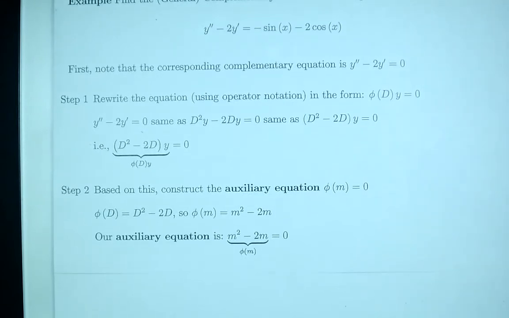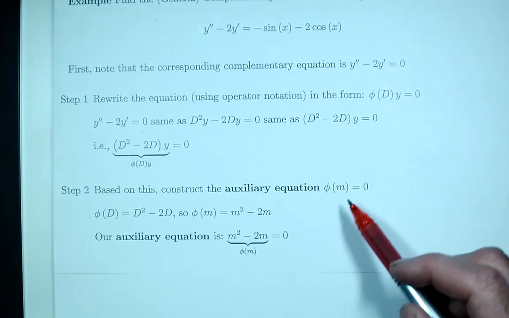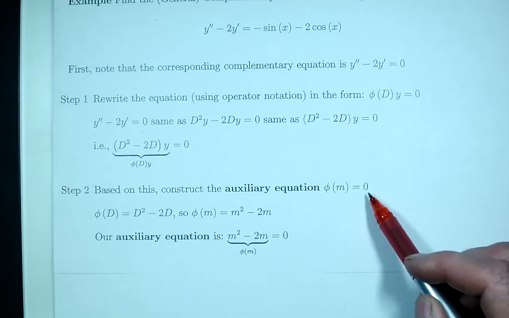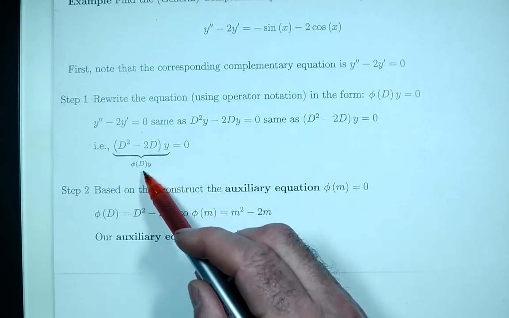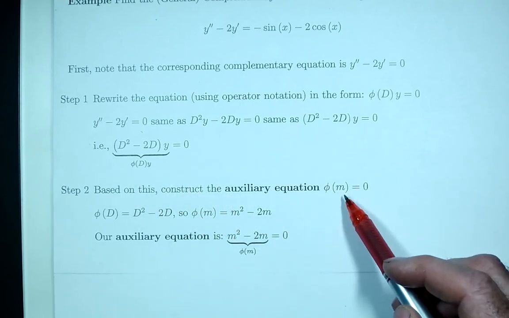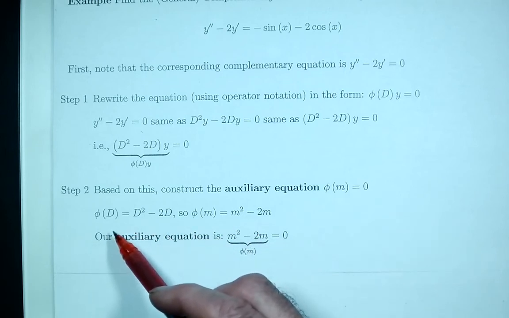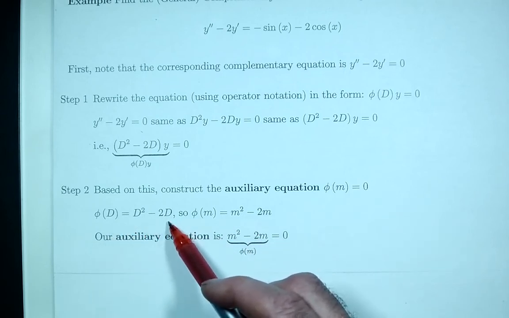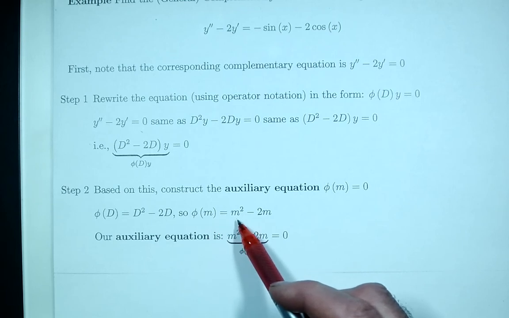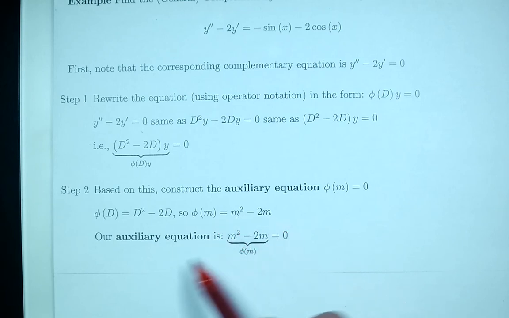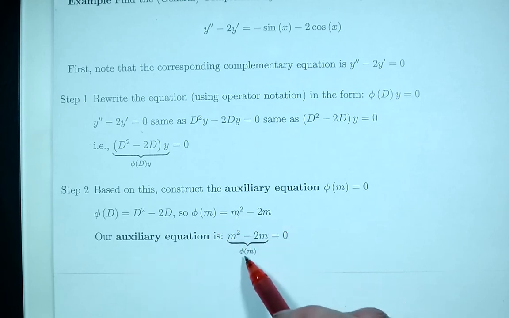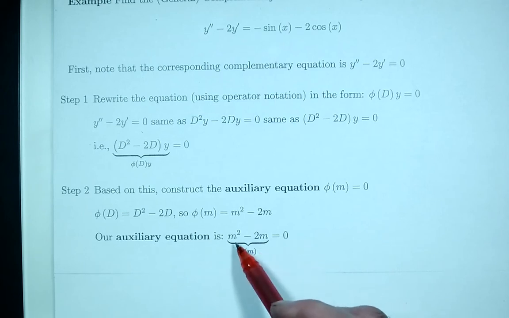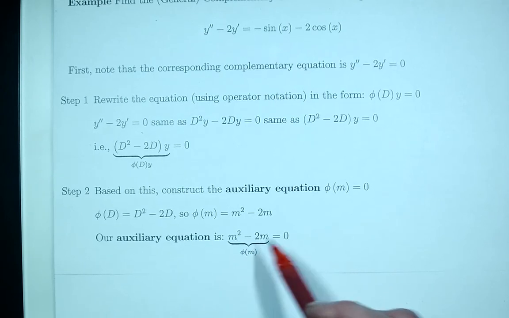Based on this, we'll construct the auxiliary equation phi of m equals 0. And remember, phi of D and phi of m are the same polynomial, just in terms of different variables. Phi of D is D squared minus 2D, so phi of m is m squared minus 2m. Our auxiliary equation is phi of m equals 0, or m squared minus 2m equals 0.